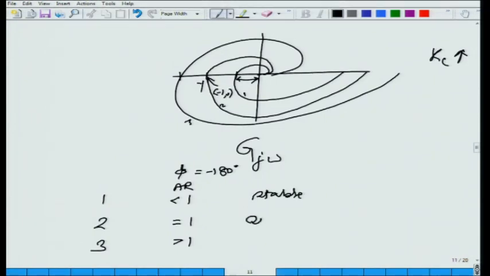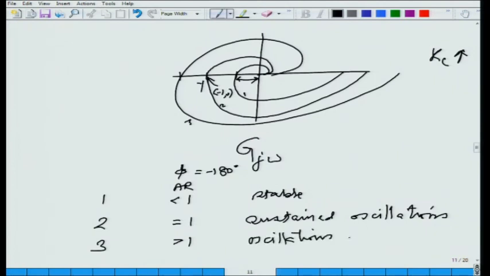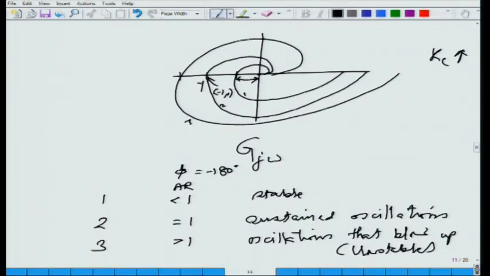The second would have sustained oscillations, so it is at the verge of instability. And the third would have oscillations that blow up, so it is essentially unstable and oscillatory.